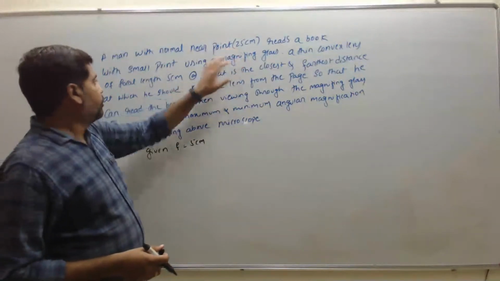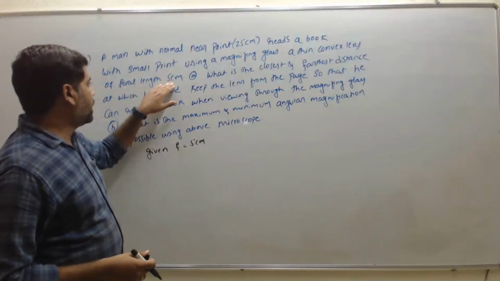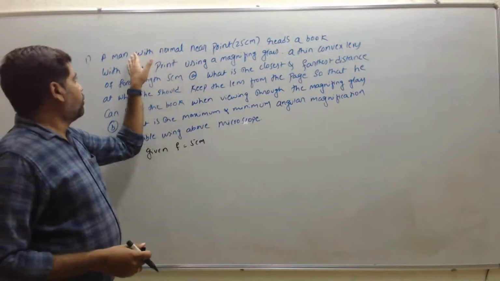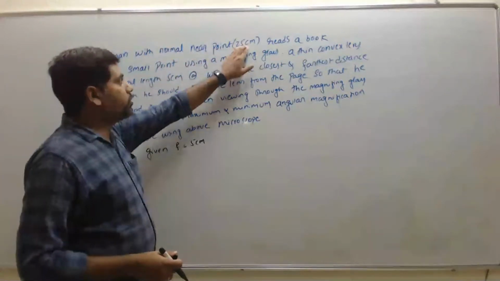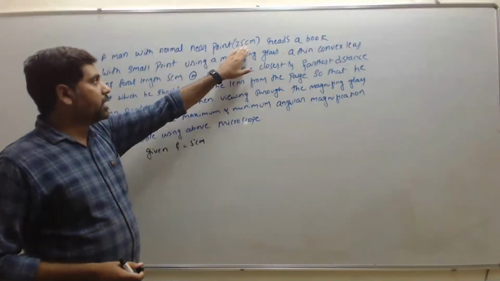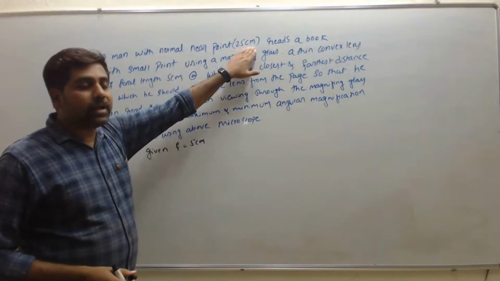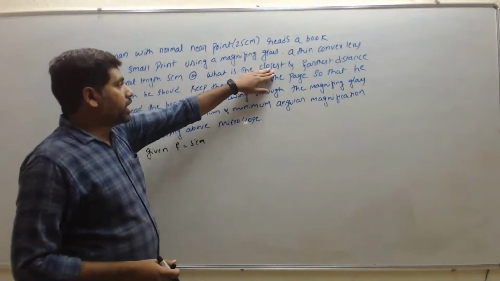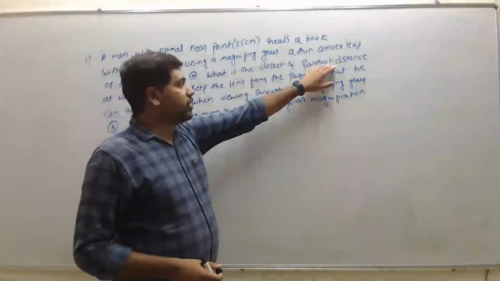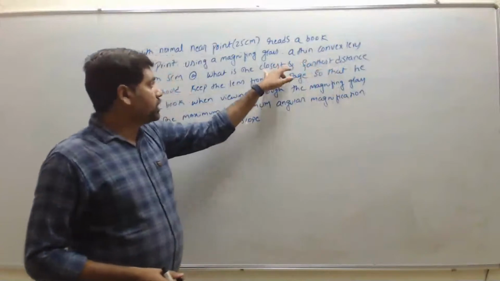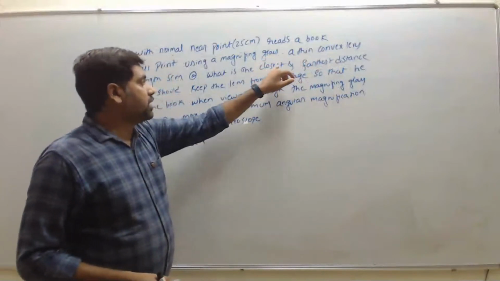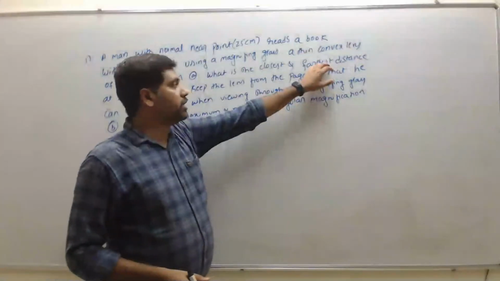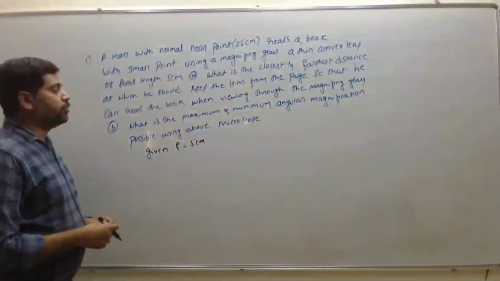The given focal length is 5 centimeter and the man with normal near point is 25 centimeter. Here we have two cases, one is the closest and another is the farthest. For the closest, the image distance is v equals 25, and for the farthest, the image distance is at infinity.